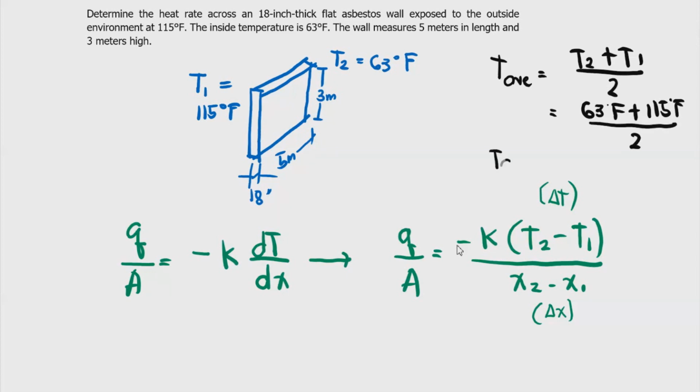Our average temperature would be 89 degrees Fahrenheit. So we need to find the thermal conductivity at which the temperature is 89 degrees Fahrenheit.